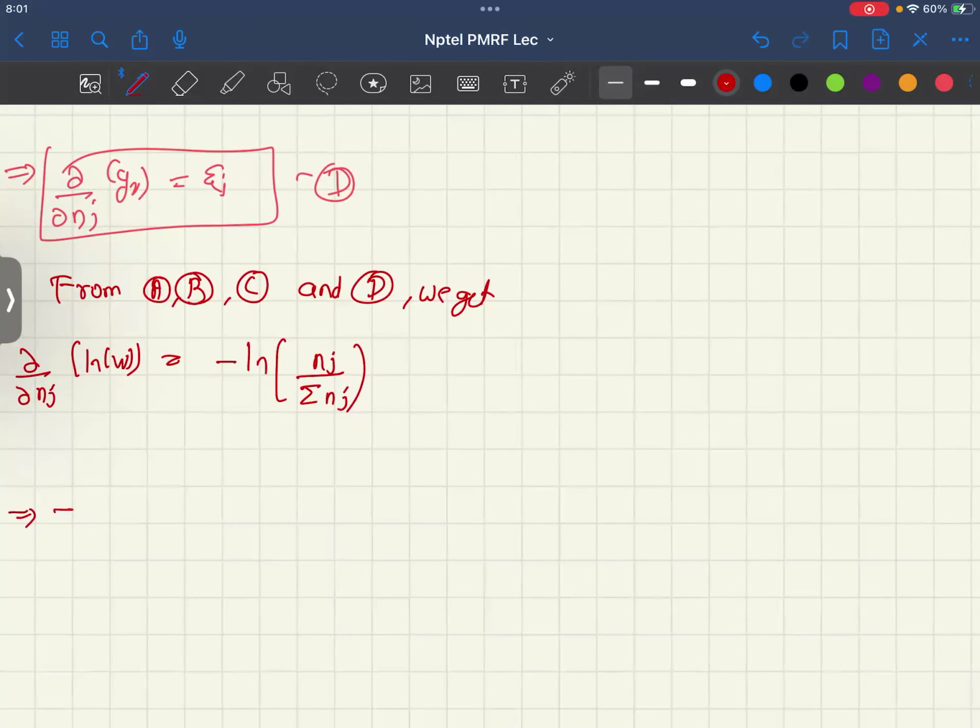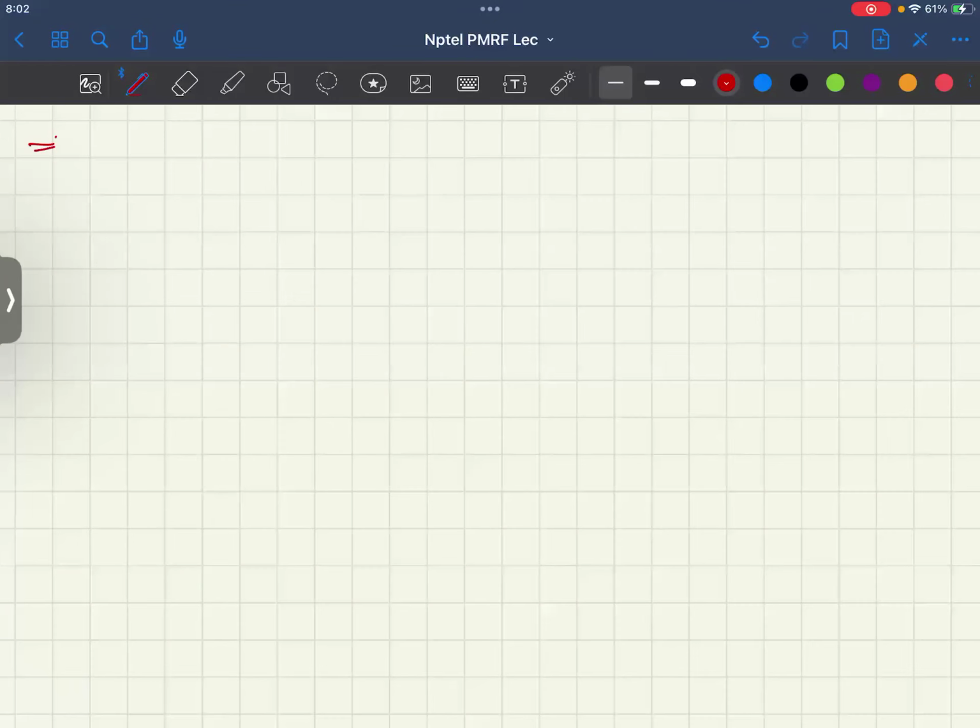This implies minus ln of nj by summation nj minus lambda 1 multiplied by 1 minus lambda 2 epsilon j is equal to 0, which implies ln of nj by summation nj is equal to minus lambda 1 minus lambda 2 epsilon j.